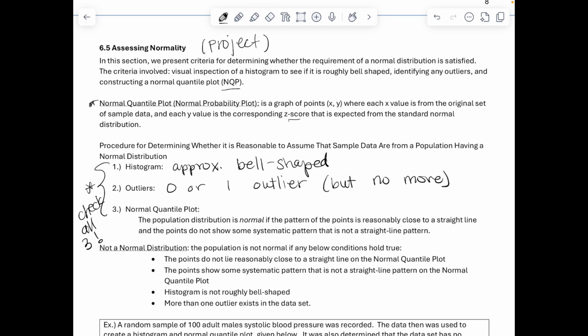And then your normal quantile plot, it's typed out for you already, but it says the population distribution is normal if the pattern of the points is reasonably close to a straight line. So we're looking for the pattern of the points being reasonably close to a straight line. And the points do not show any systematic pattern that is not a straight line pattern.